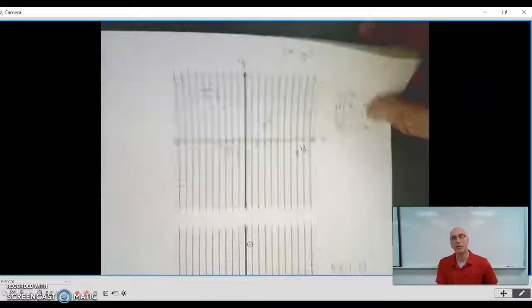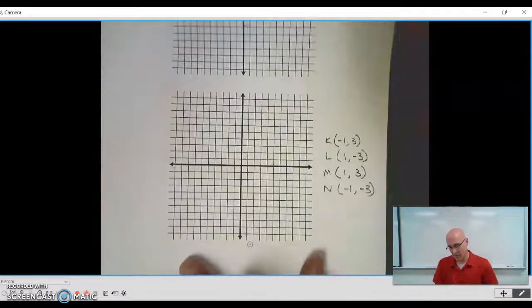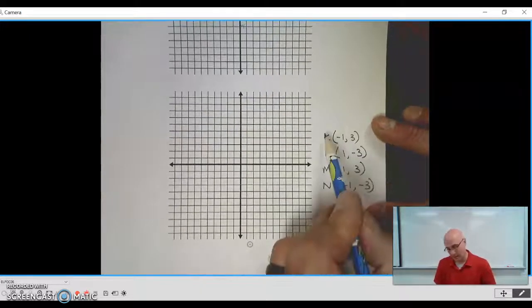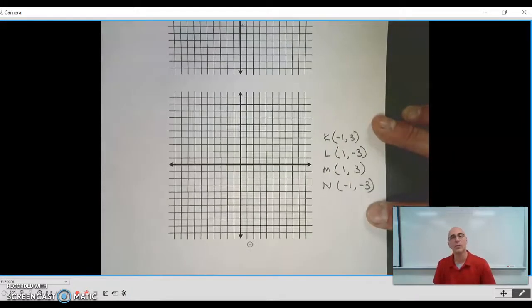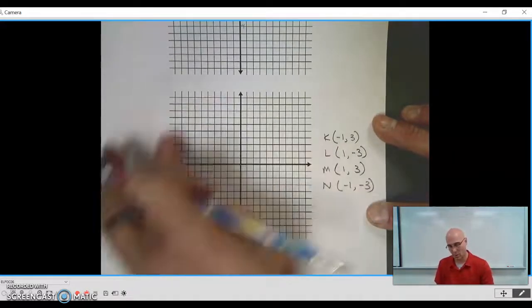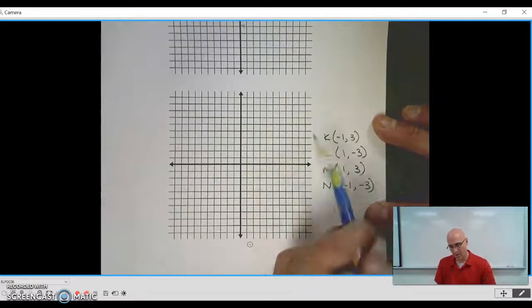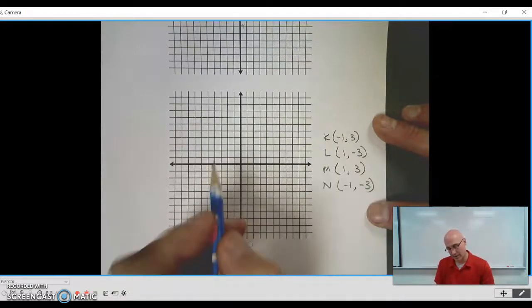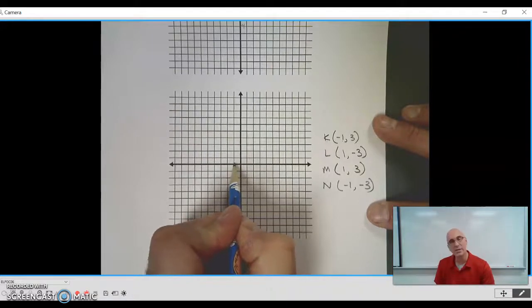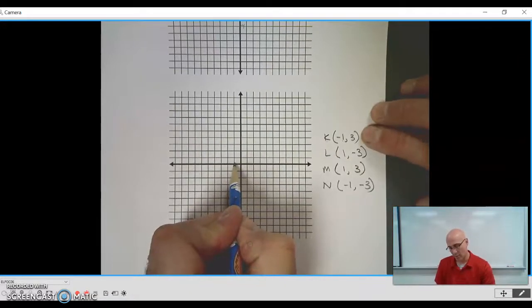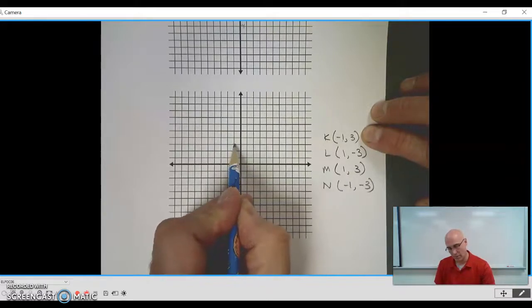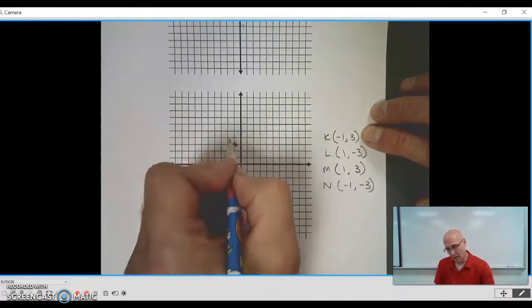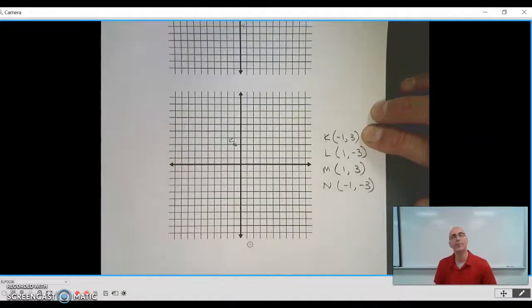And now, let's see if we can plot these 4 points on this coordinate plane. So point K, we're going to go negative 1 on the x-axis. So that puts it to here. And then we're going to go 3 in the positive, so 3 up. 1, 2, 3. So right there is point K.